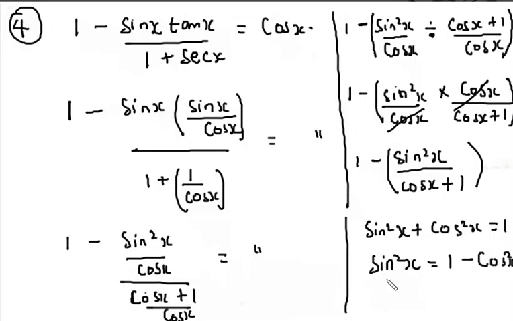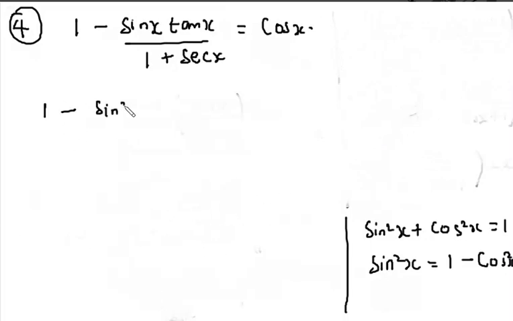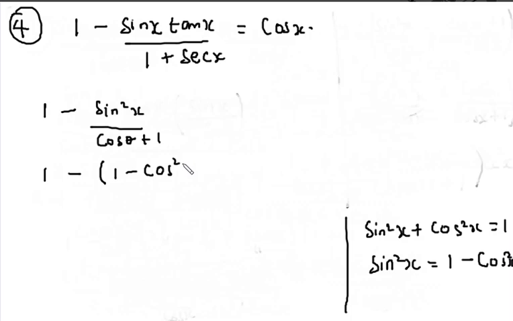So this part becomes equal to 1 minus open bracket 1 minus cos square x divided by cos x plus 1.